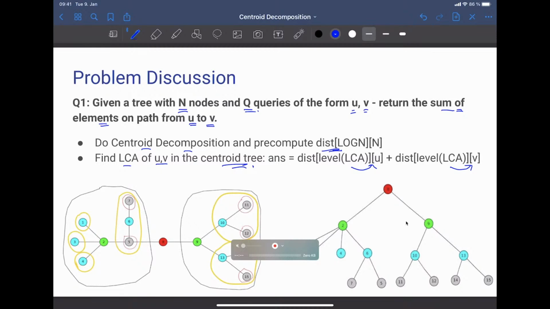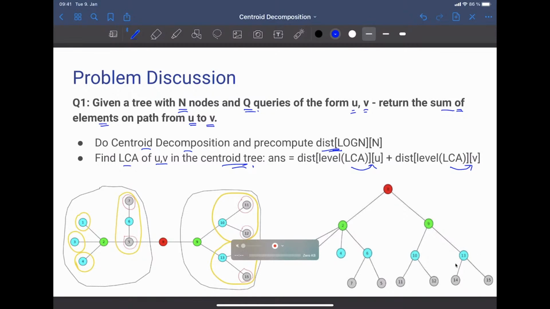So when I talk about the distance of a node at a particular level, I already know which centroid I'm talking about, because at any level, a particular node can be under the component of only one single centroid.